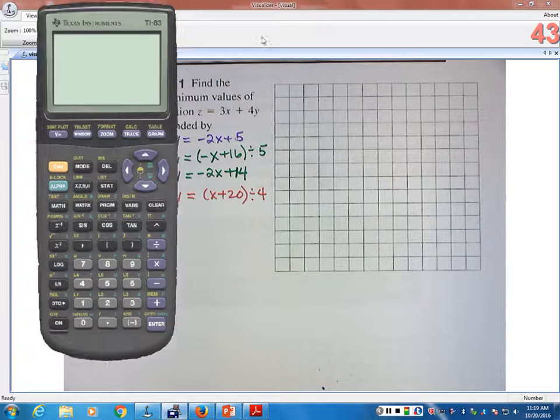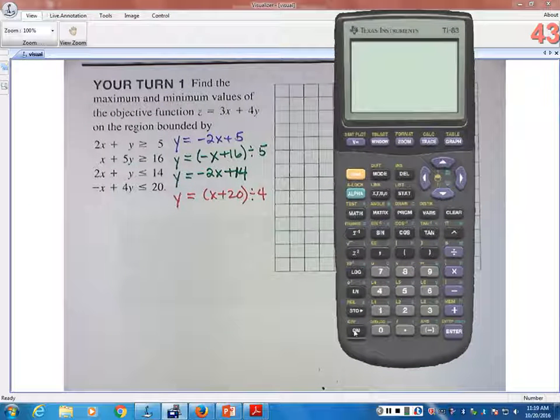So let's get the calculator. On the calculator, I'm going to put in y equals negative 2x plus 5.